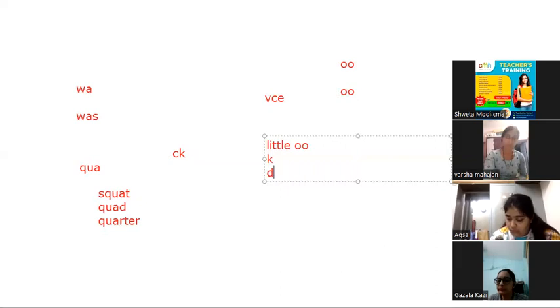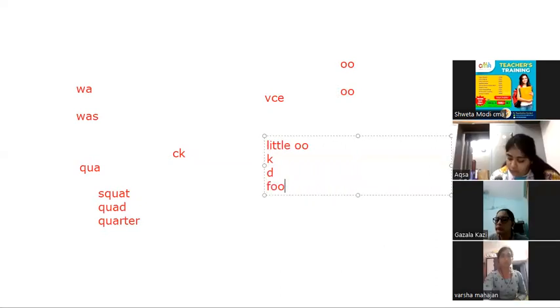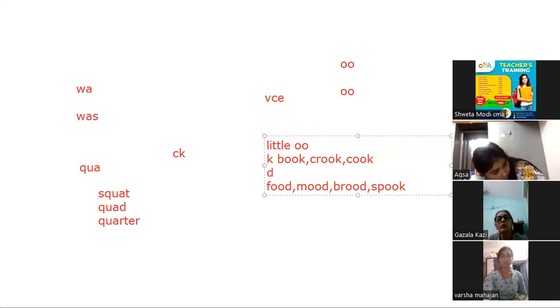But there are a few exceptions: food, mood, brood, and spook. Mostly you will have little oo sound for K and D, like in the words book, crook, cook, hook, look.